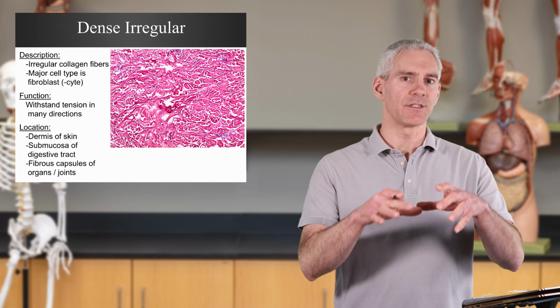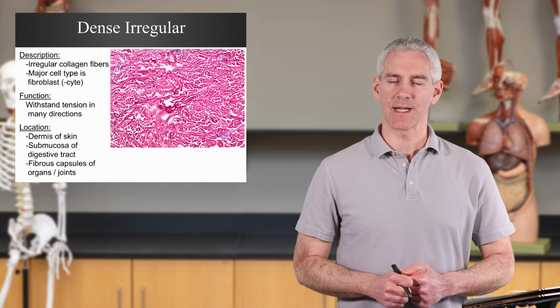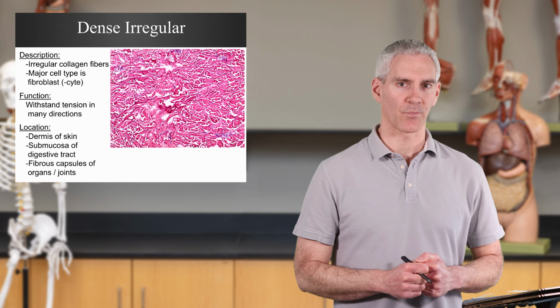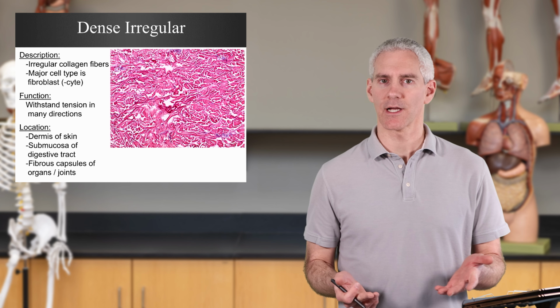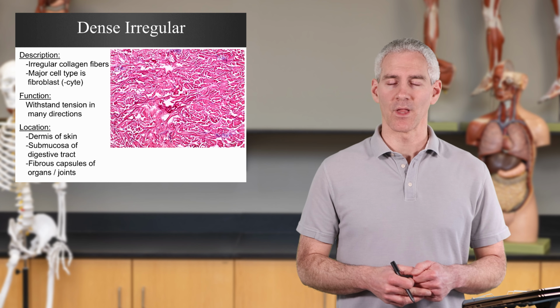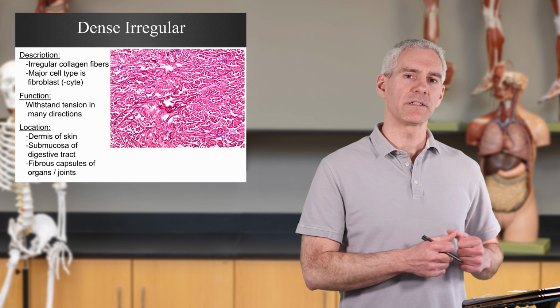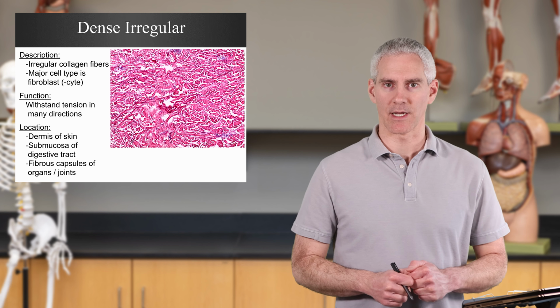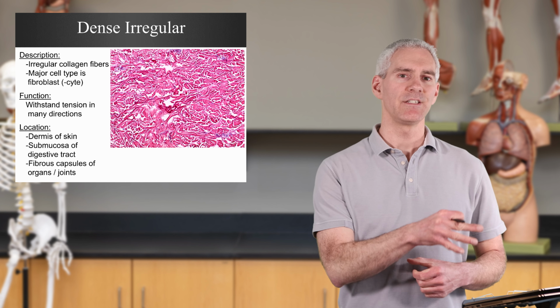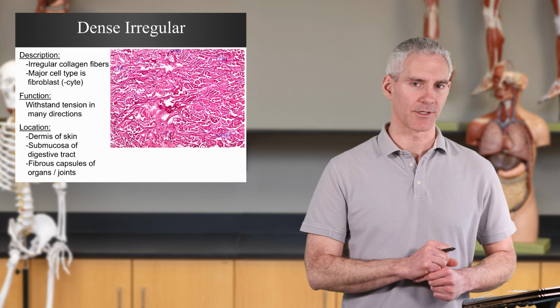This can help to surround it to provide some strength to your digestive tract. So really, what's the function? Withstand tension in many directions. Sure, we kind of said that. Because all these fibers are running in different directions, it gives strength in all directions. So this is your dense irregular connective tissue.